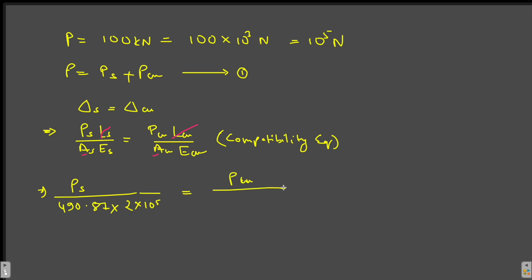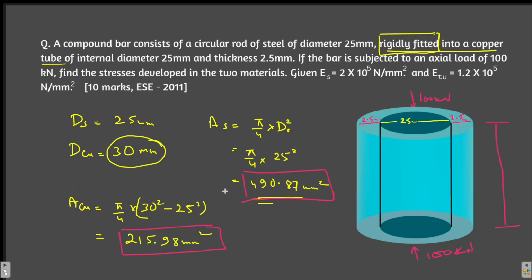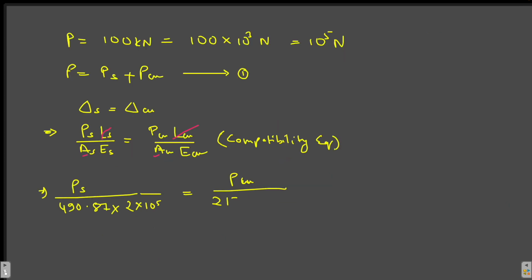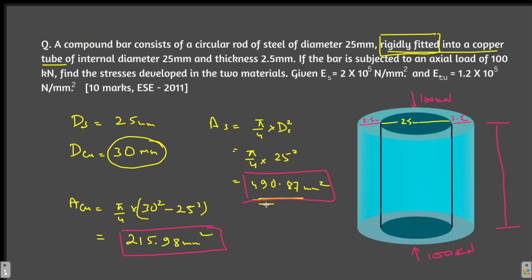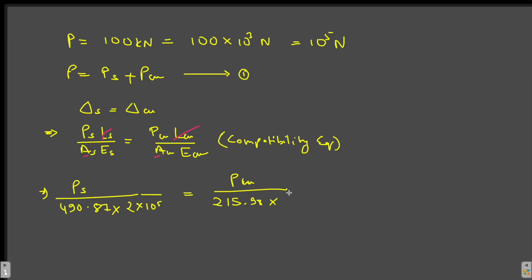And what is the area of copper? It is 215.98, right? This was the area of copper, and then the Young's modulus of copper was 1.2 into 10 to the power 5.